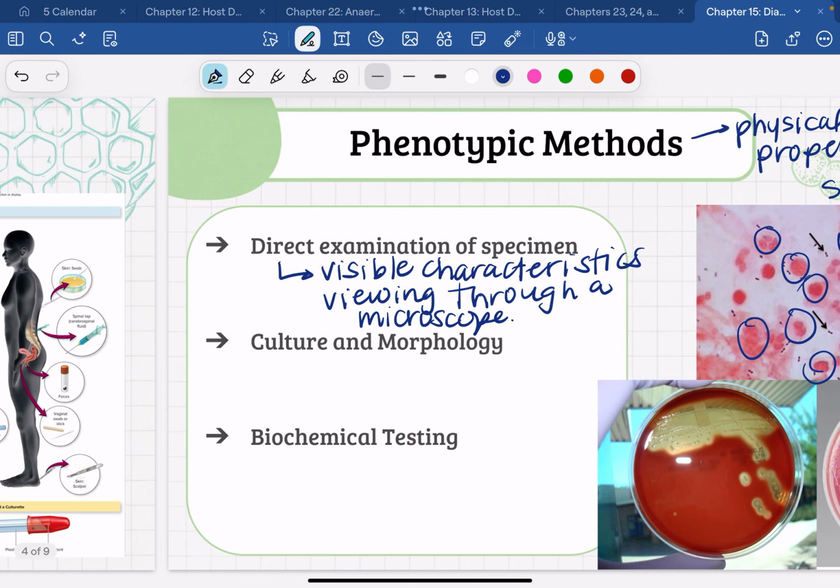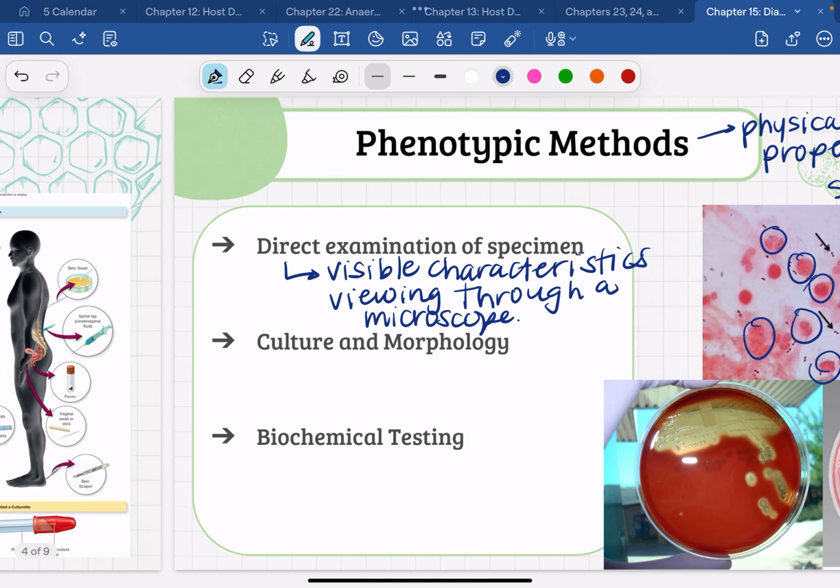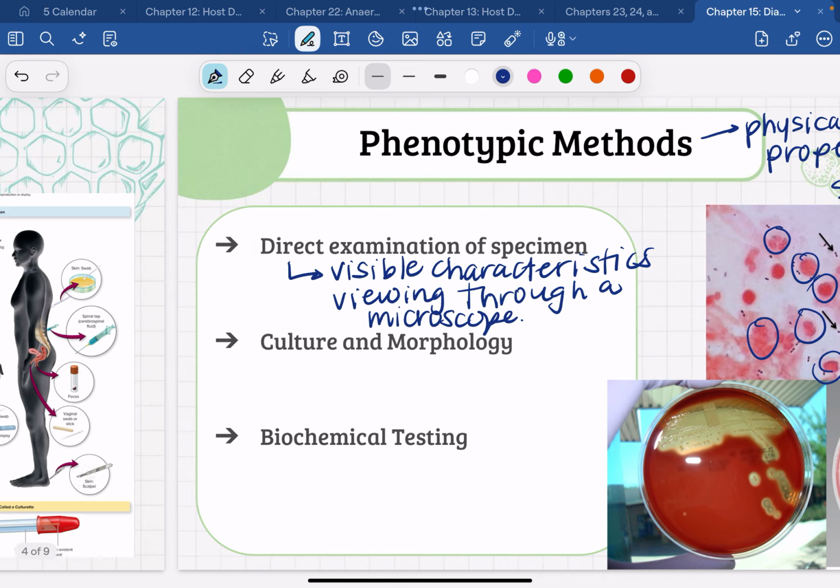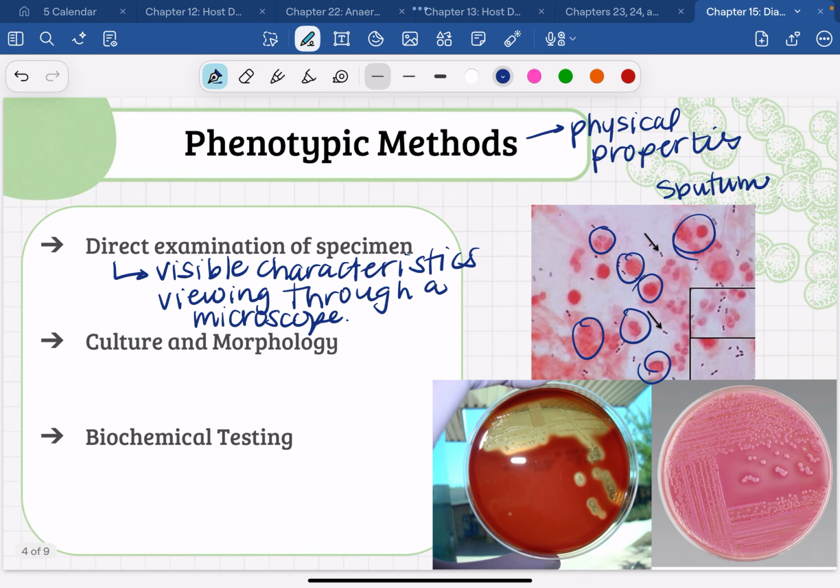Okay. And then the last type of phenotypic method is biochemical testing. And this is testing for all different kinds of biochemical properties. Most often, it is going to relate to sugar usage or sugar utilization and the presence or absence of certain enzymes.